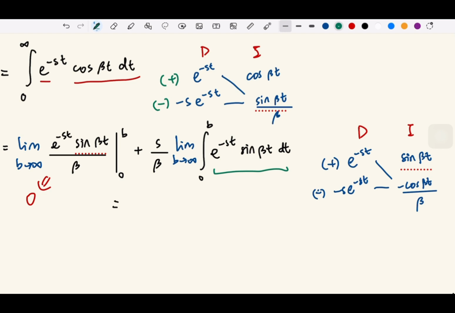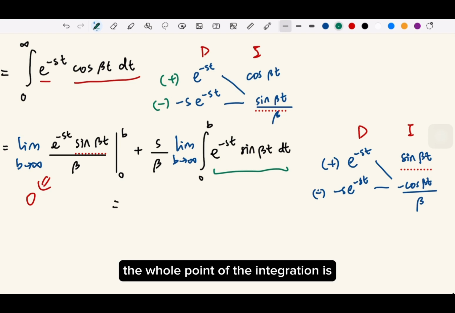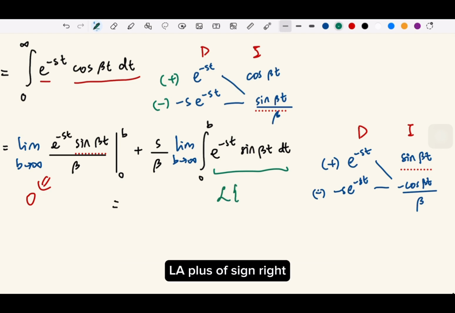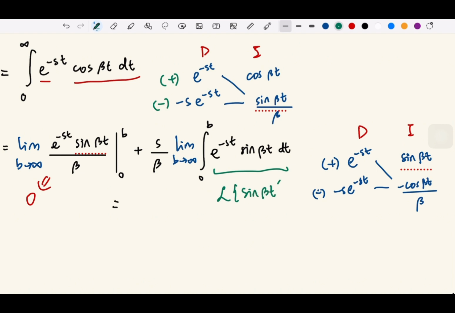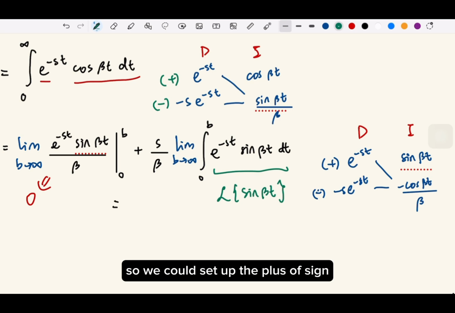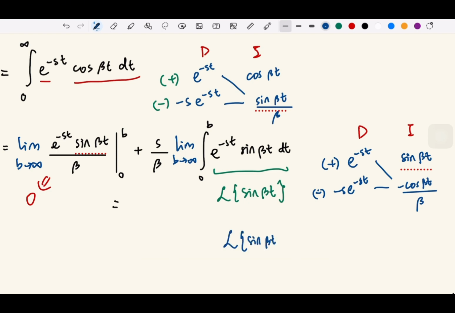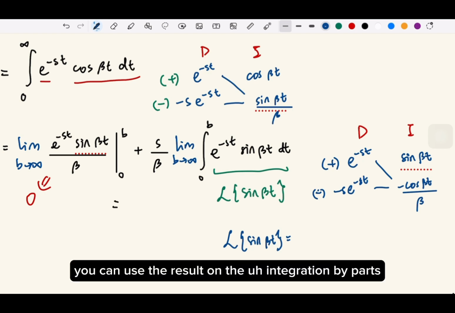Actually, the whole part of the integration is Laplace of sine, right? So we could set up Laplace of sine as, we can use the result on the integration by parts.